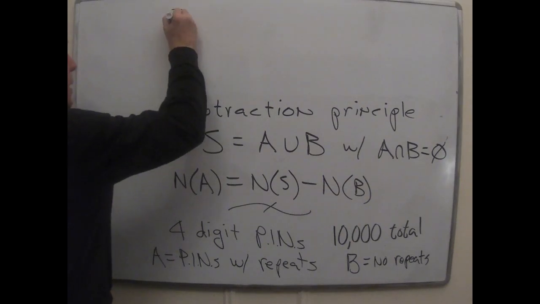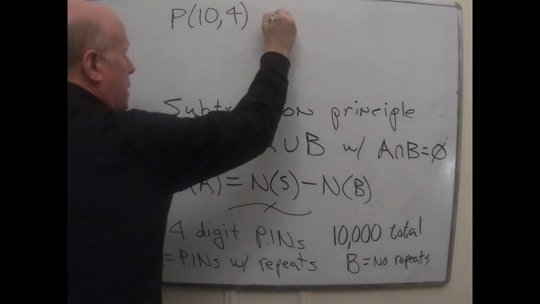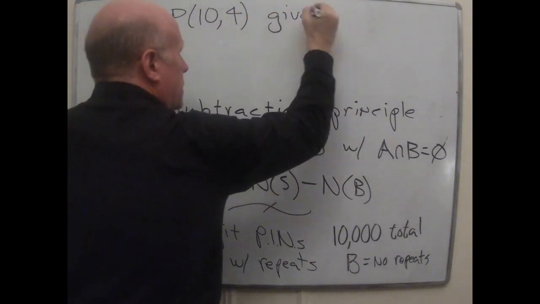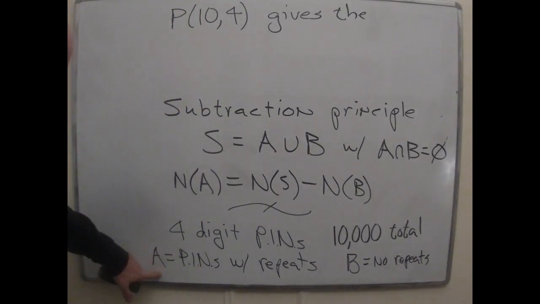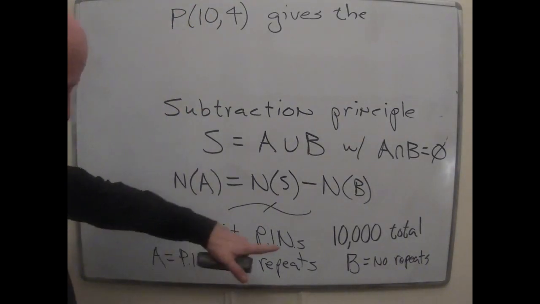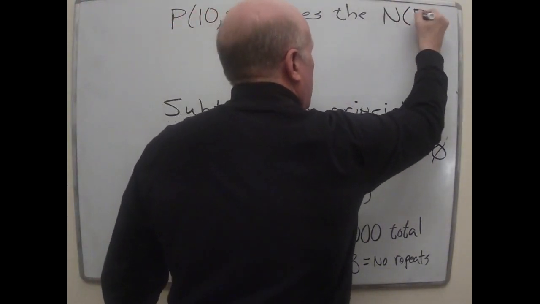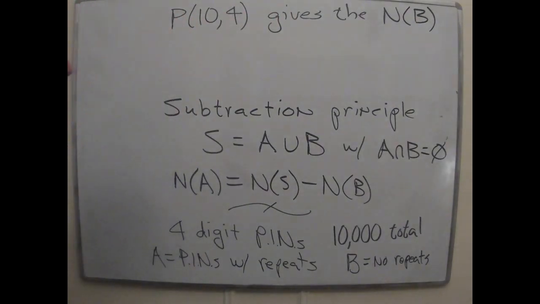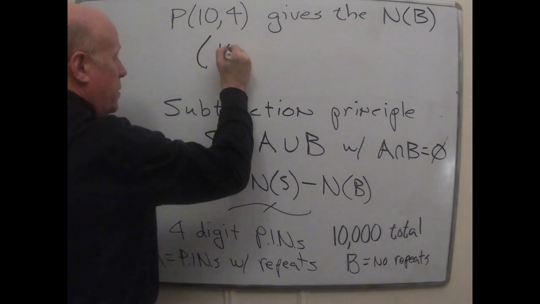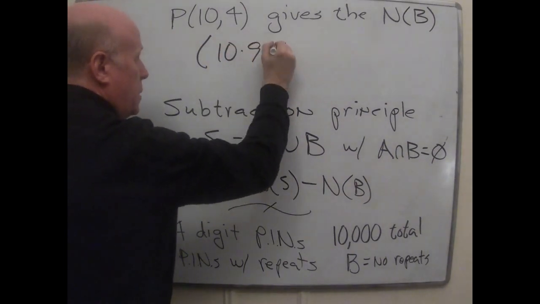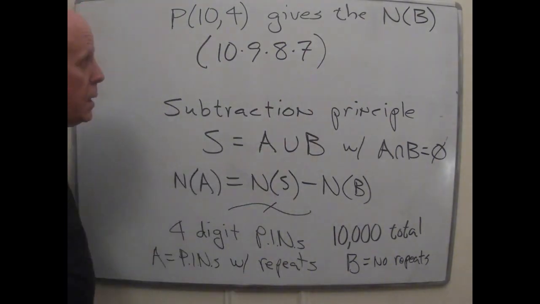The number P of 10 and 4 gives the size of B. It's the ones that have no repetition, because P of 10, 4, just remember what that means.